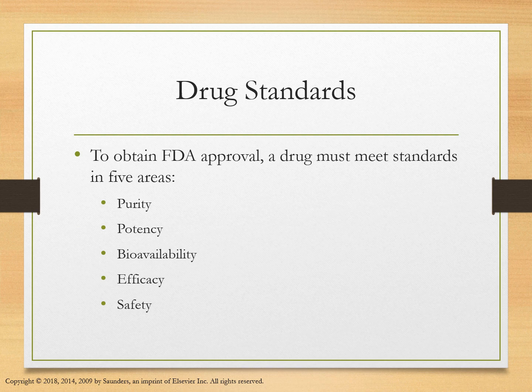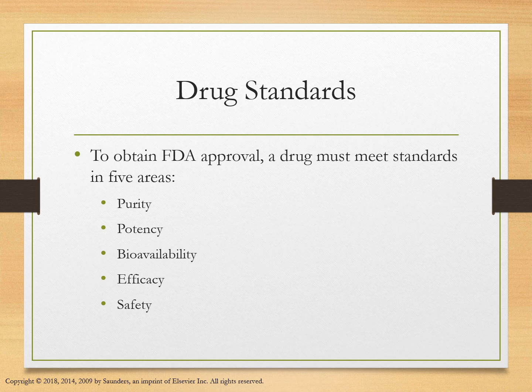Okay. In order for drugs to be approved, they have to be a part of these 5 areas. Their purity. How pure is it? How potent? Meaning, is it going to work when it gets in the system?